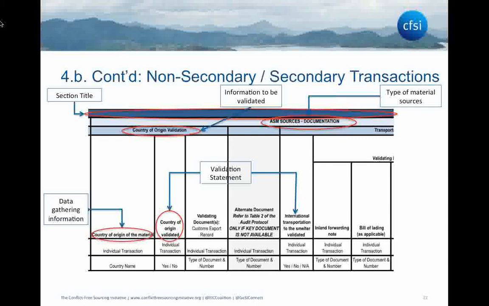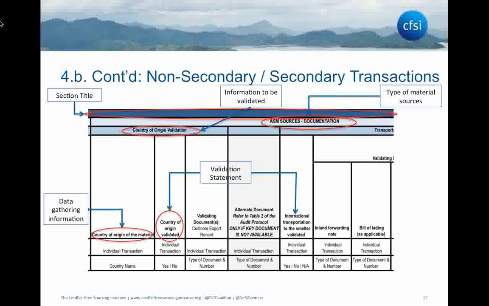Validation statements have been added, such as country of origin validated or international transportation validated. What this means is that once the smelter has reviewed the documentation that they have and has completed the different lines on the validating documentation, they should be able to say, yes, we have validated the country of origin, or no, we have not validated the country of origin.